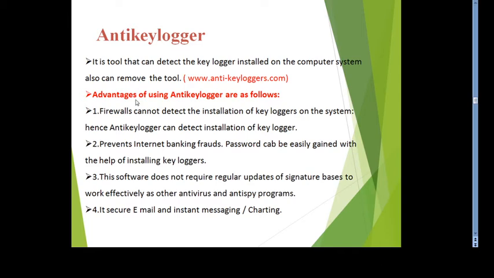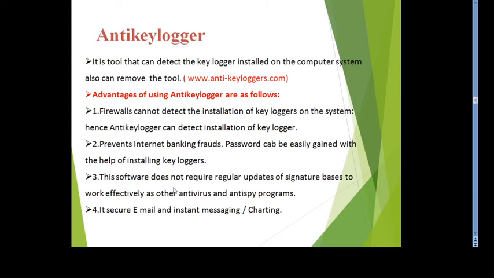What are the advantages of using an anti-keylogger? First, a firewall cannot detect the installation of a keylogger on the system, but an anti-keylogger can detect the installation of keylogger software as well as hardware. Second, it prevents internet banking frauds, since the password can be easily gained by installing keyloggers.